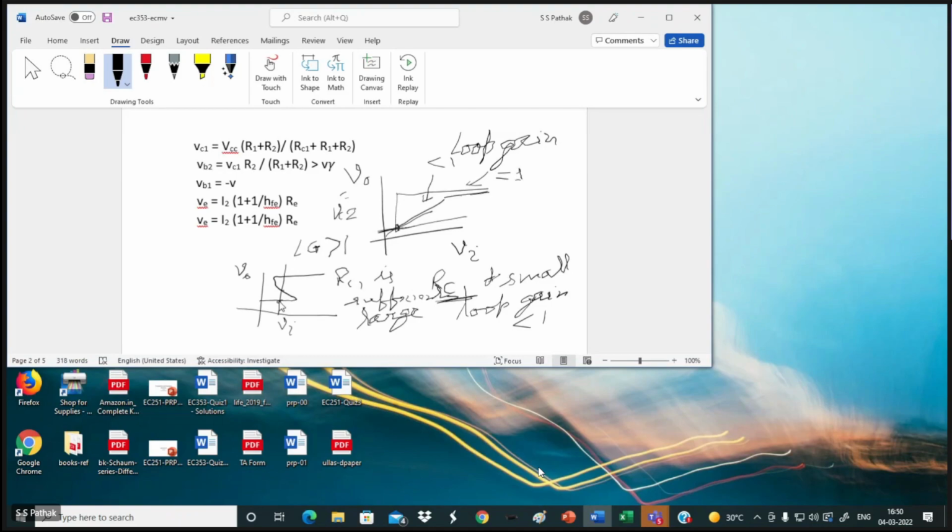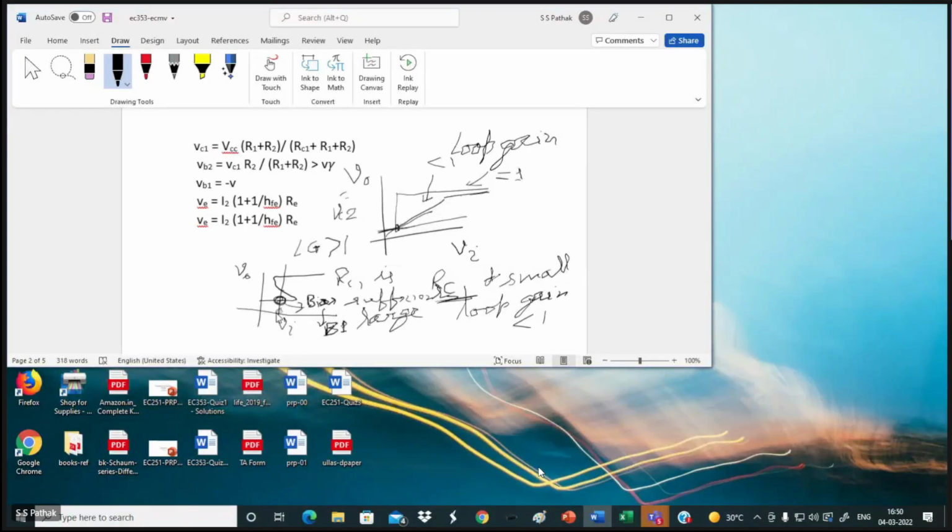So what do I do? I bias my device. The DC I give this much here. This is the place where I bias now. That means my Vi, the base of Q1, I can say B1, base of Q1, that is B1, is biased at this point.